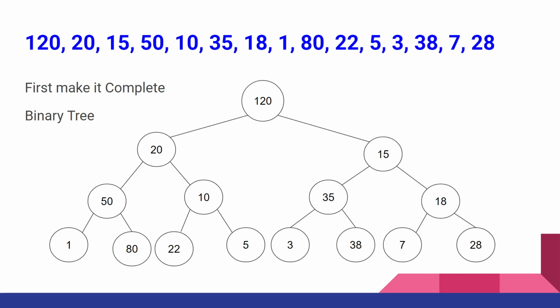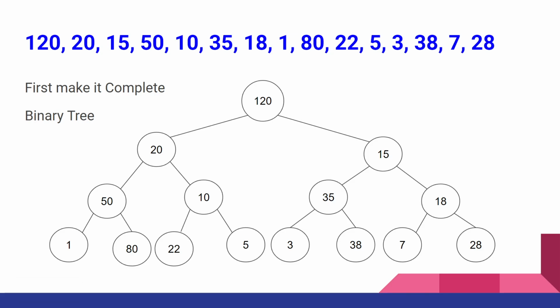See, here the root is 120. If the root is the maximum number and the parents are also carrying the maximum keys, then in that case it will be a max heap.